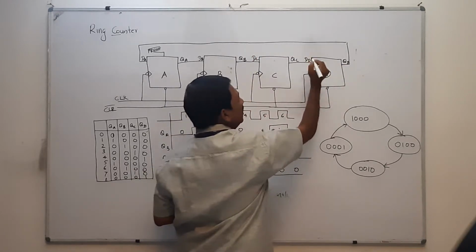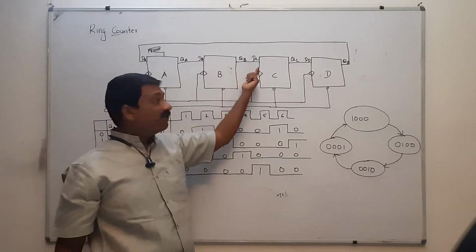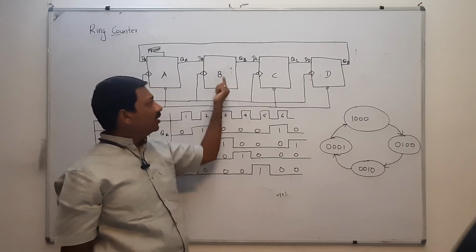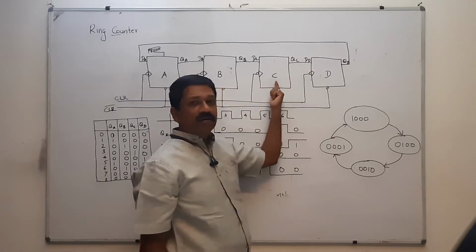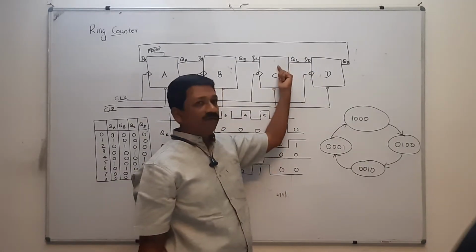The D input of each flip-flop is the output of the previous flip-flop, and like that.